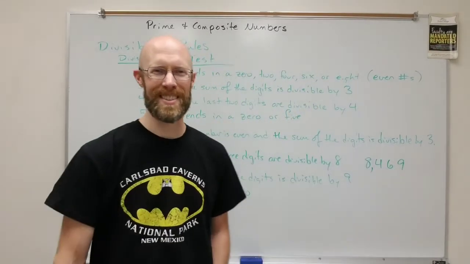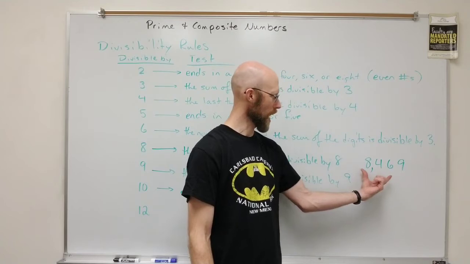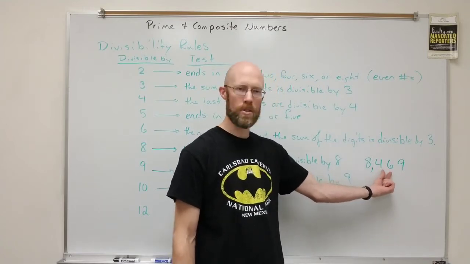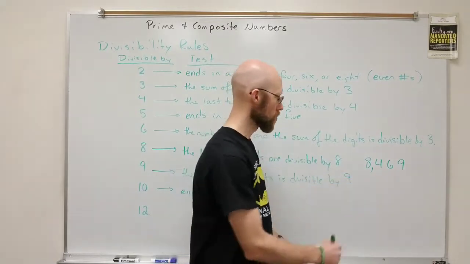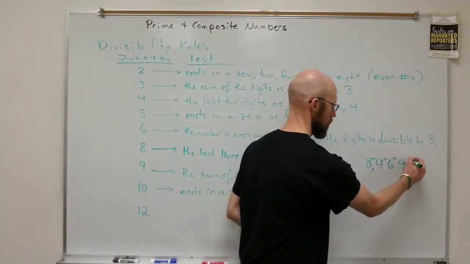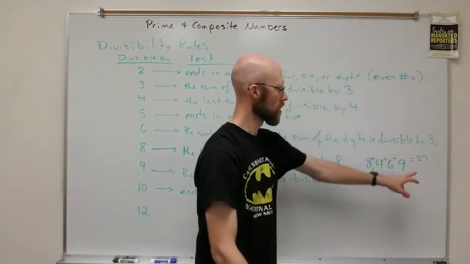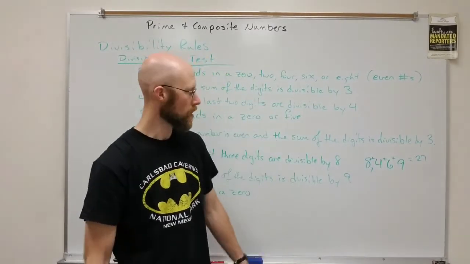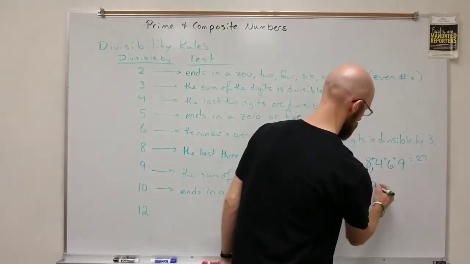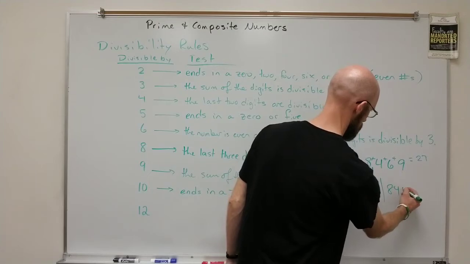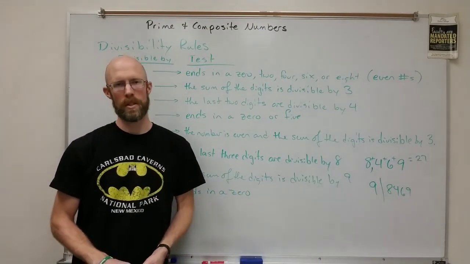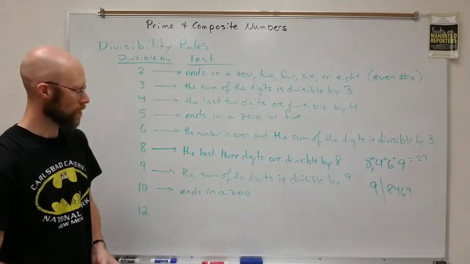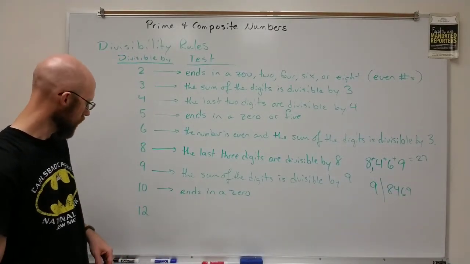That might work. Let's see. If I were to add digits together, 8 and 4 is 12, 18, 27, right? So if I add these together, the answer is 27. 27 is divisible by 9, and so the whole number is divisible by 9. 9 divides 8,469. Okay. So that's our test for 9.